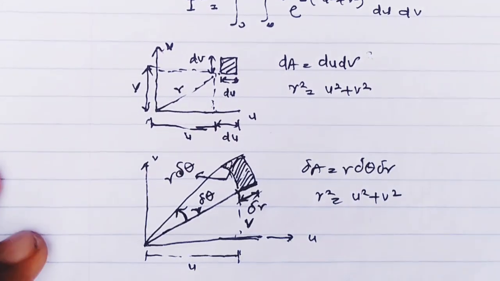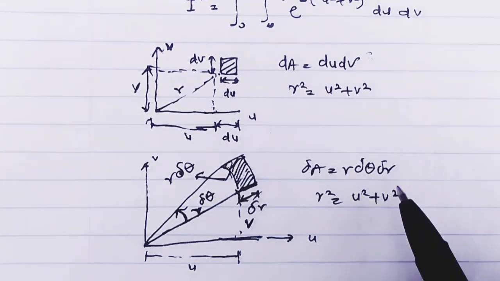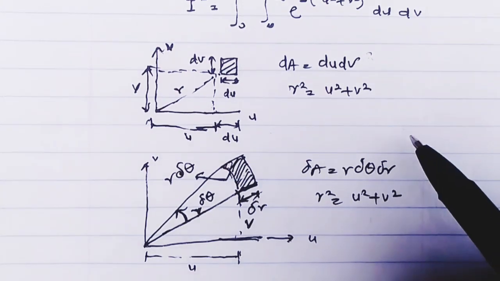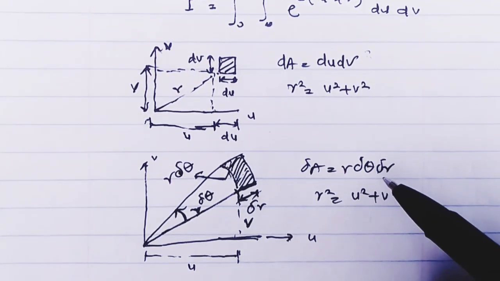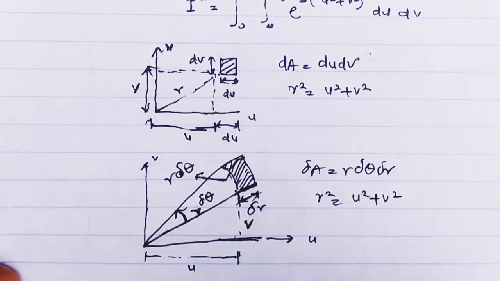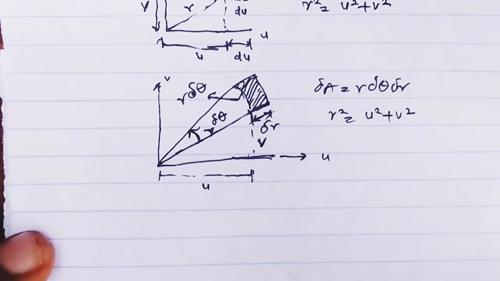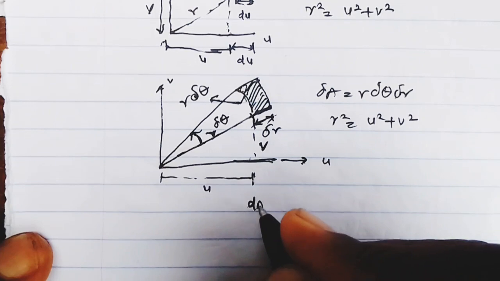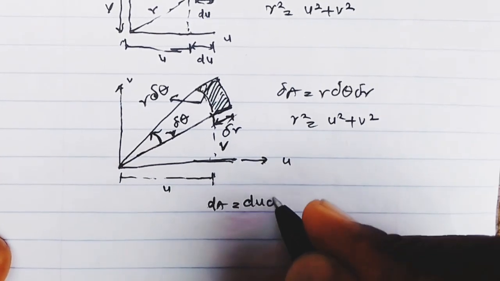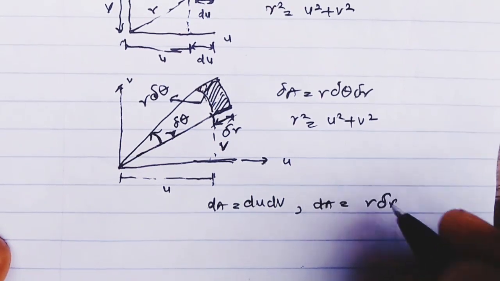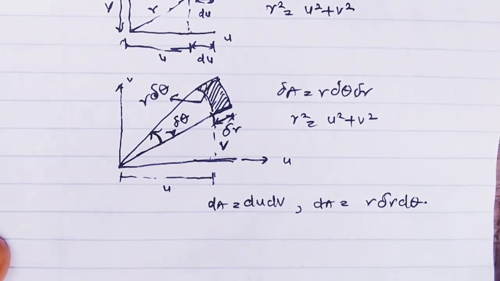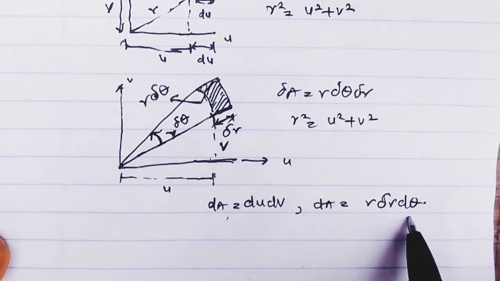But the only difference is that their areas are different. So instead of using this area here, I use this area here. I'm going to be exchanging. Since A is equal to du dv, and A is also equal to r dr d theta, let me use this.